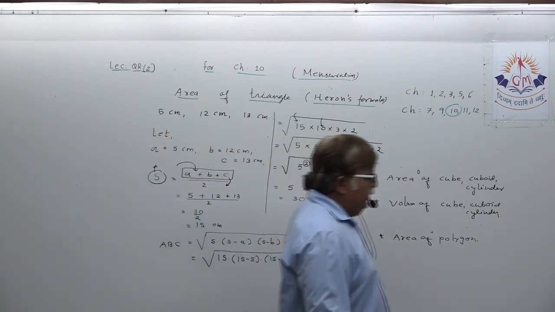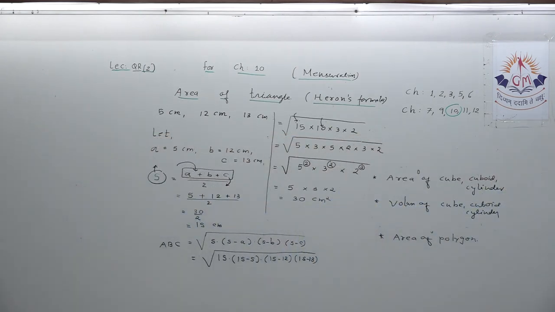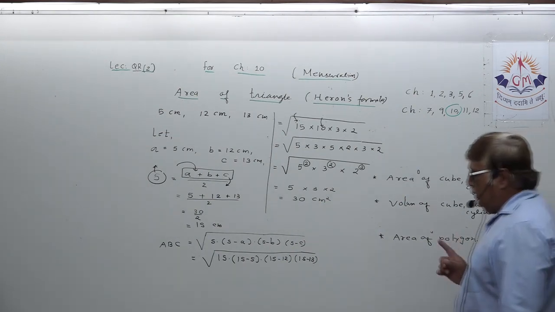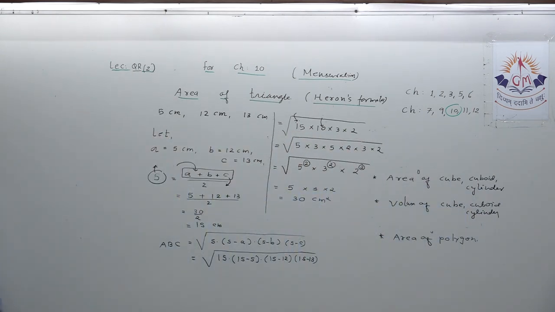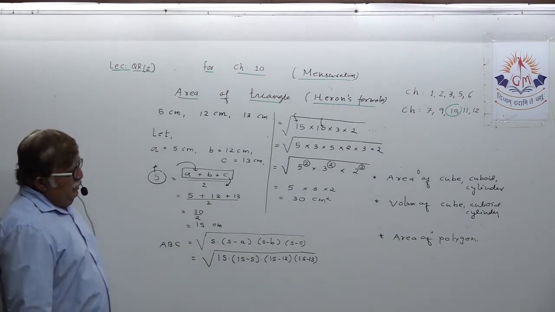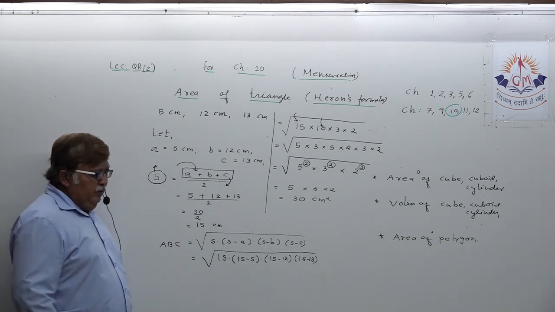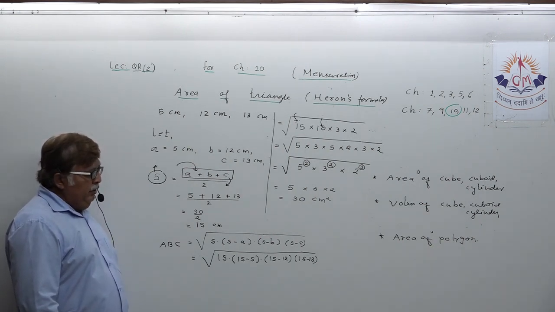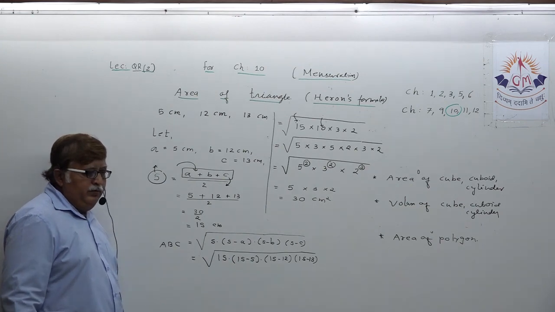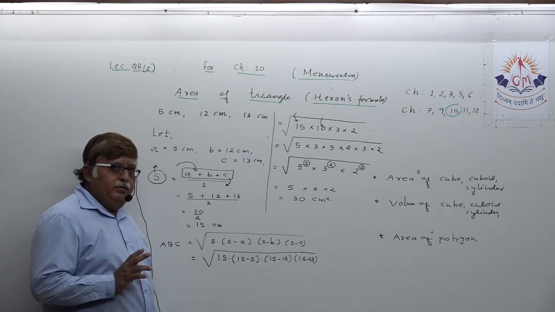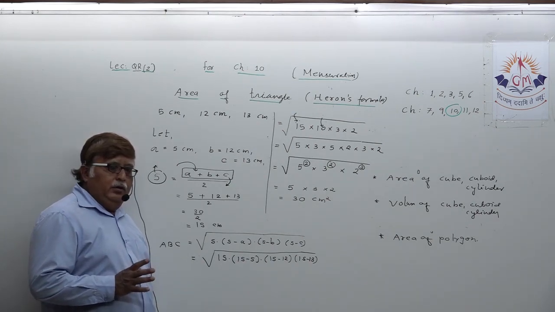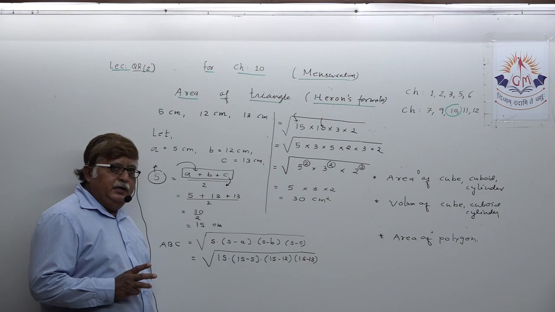Just have a quick look at the example we have done: how to find area of triangle by application of Heron's formula. Just have a quick look and remember one thing very clearly. Whenever you want to find area of triangle by Heron's formula, you should have the knowledge about all three sides of the triangle.